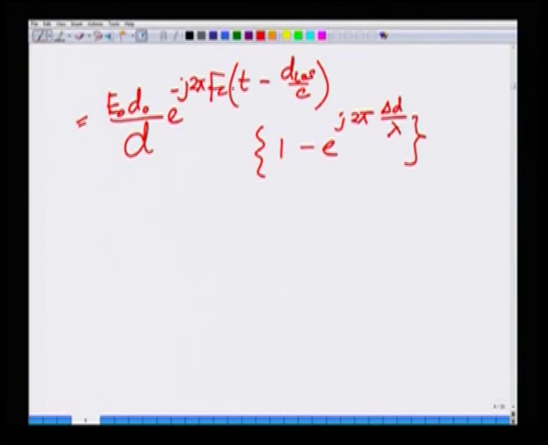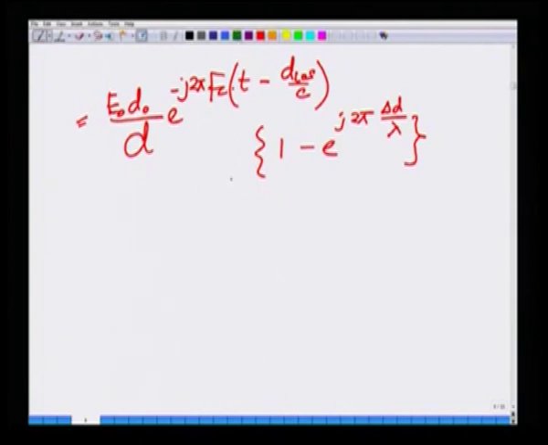Okay. So, I am going to write it this way. Essentially, this is what we said. This is the E total, which is E line of sight plus the E reflected, and there is a minus sign because of the phase inversion at the ground reflection. Here, for this simplification, we have used the fact that C over f c, that is velocity over carrier frequency, is nothing but lambda, which is essentially the wavelength of the wave. Okay.